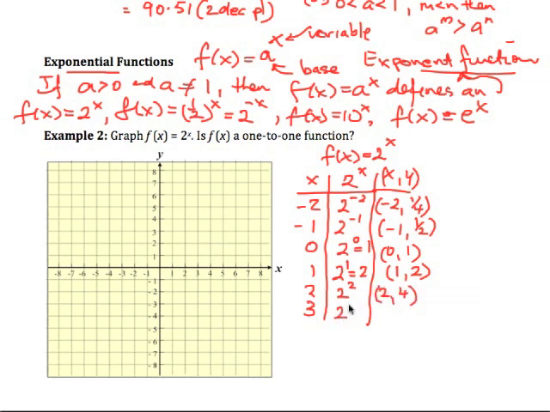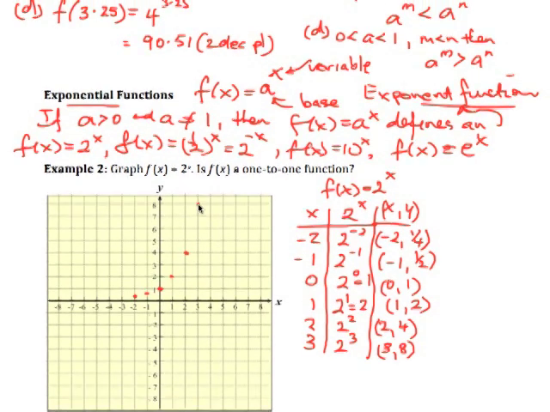This will be 2 cubed, so that'll be 8. So we've got some values: negative 2, a quarter; negative 1, 1/2; 0, 1; 1, 2; 2, 4; and 3, 8.